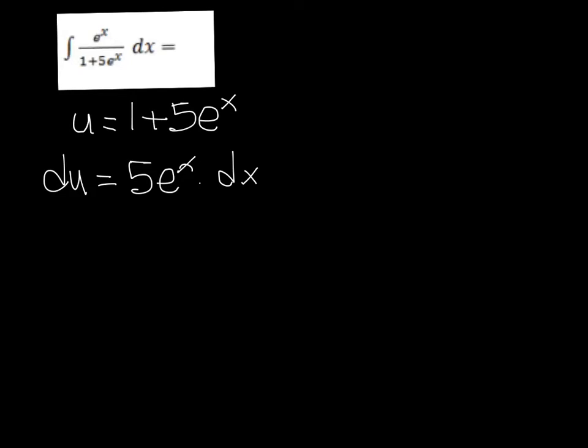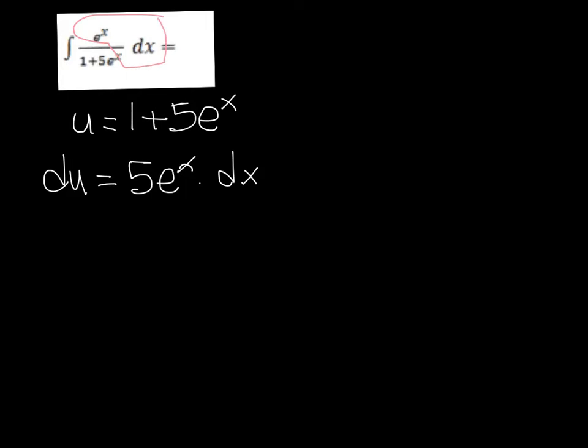In this case, I'm going to choose u as the expression on the denominator. U is going to be 1 plus 5 e to the x. So the differential of that will be 5 e to the x times dx. Is that the other part of the integral that we have? It's similar, but it's not exactly.